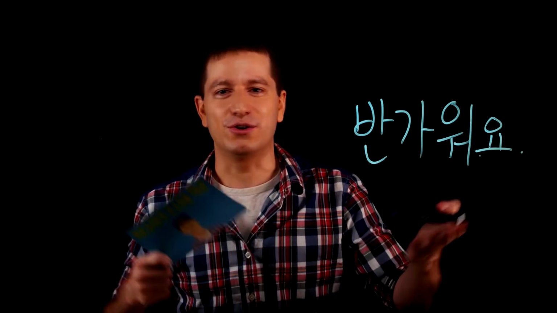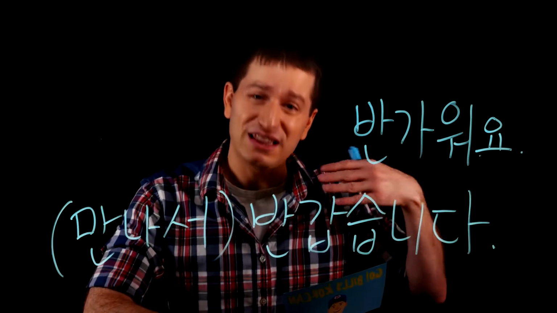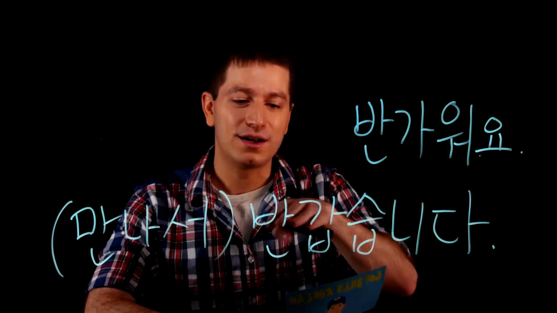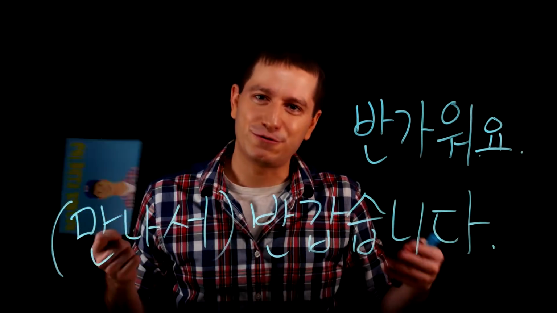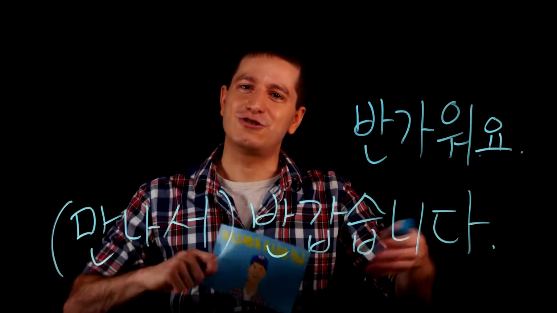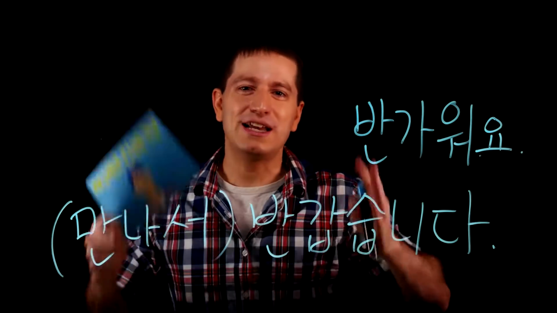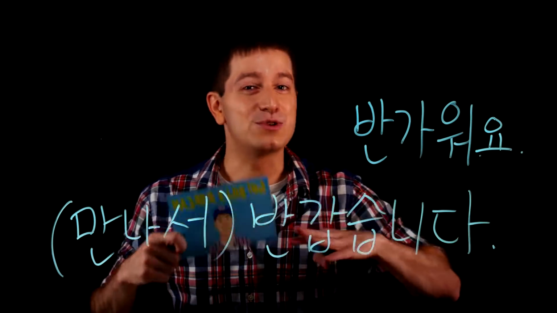So maybe if you're in a university or high school and you're meeting another person, you can say 반가워요. If you want to be polite, and I recommend this, just use 만나서 반갑습니다 or 반갑습니다. So this is more formal when you meet someone. So say you're getting introduced to someone at work, 반갑습니다, like that. But again, don't just use 반가워, it will seem rude.